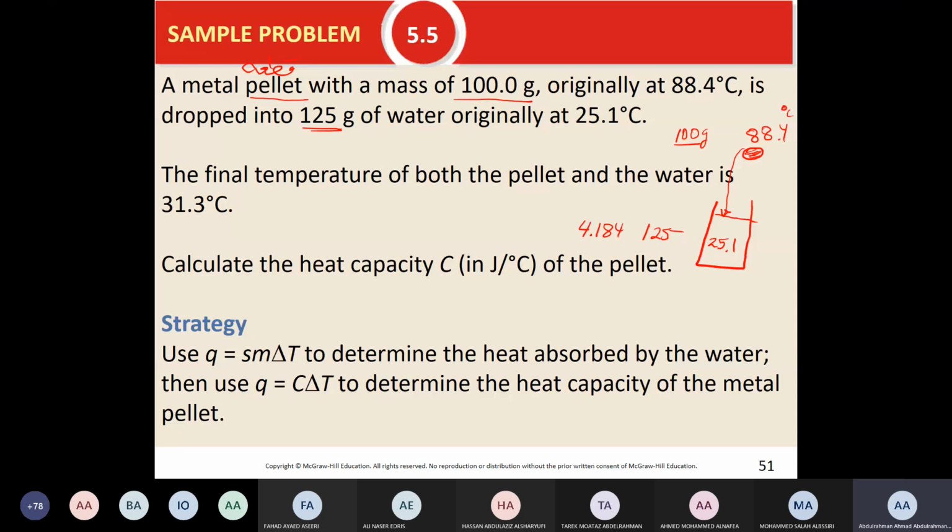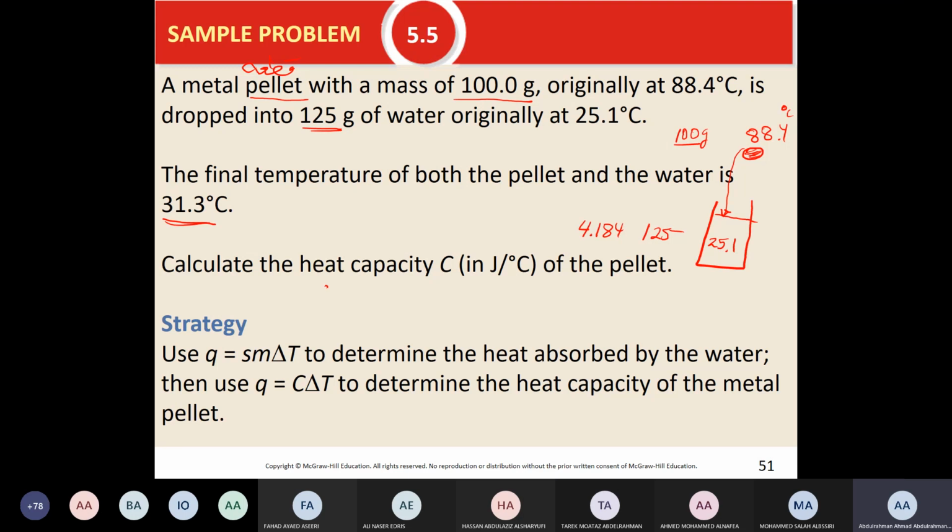Increase. What will happen to the temperature of the billet? Decrease. Until you reach what? Equilibrium. Both of them will have the same equivalent final temperature. The final temperature was 31.3.